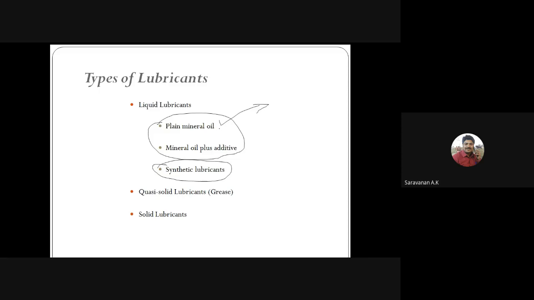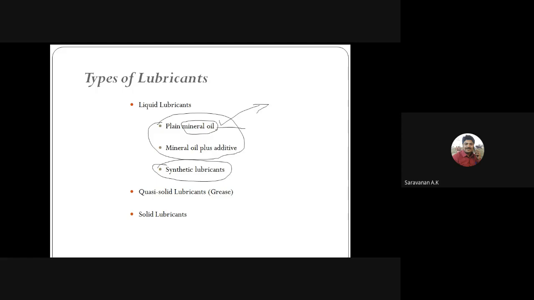For the application and the requirement, the crude oil alone is not enough as a lubricant, as it may have different characteristics. So we have to improve the quality of the lubricant obtained from the crude oil in its natural form. We have to add some additives.